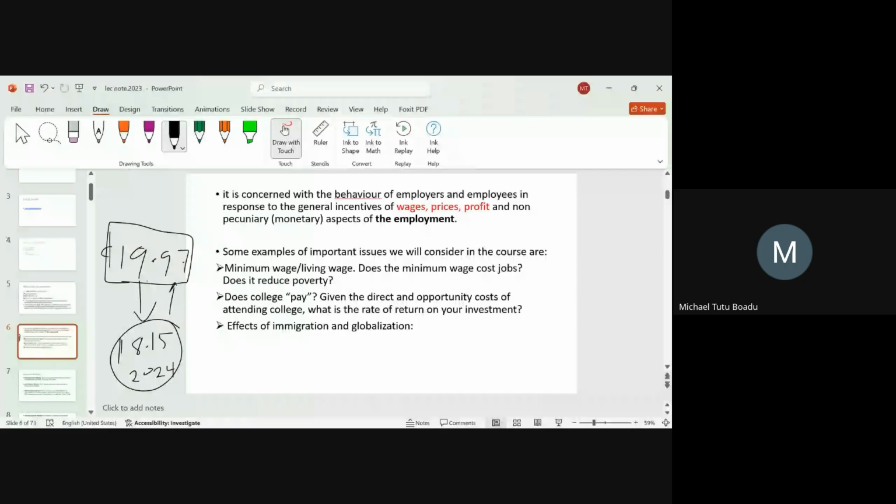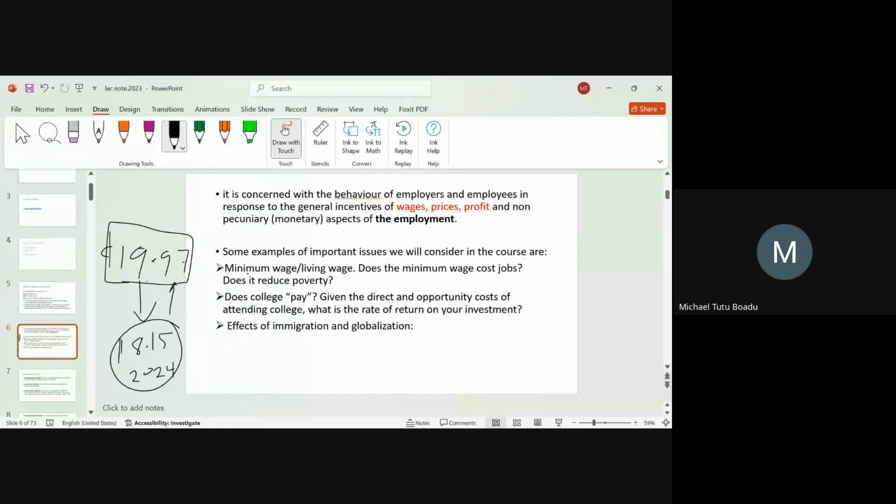If you look at it critically, our minimum wage increment has just been 1 cedi and a few pesos. There's no single year since 2014 to date that the rate of increase from one period to another has been up to 2 Ghana cedis. It is 1 Ghana cedi and some few pesos.